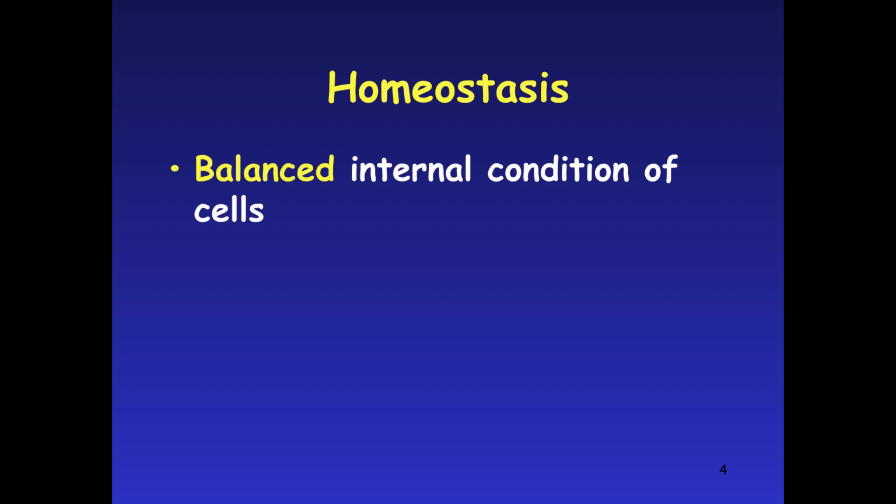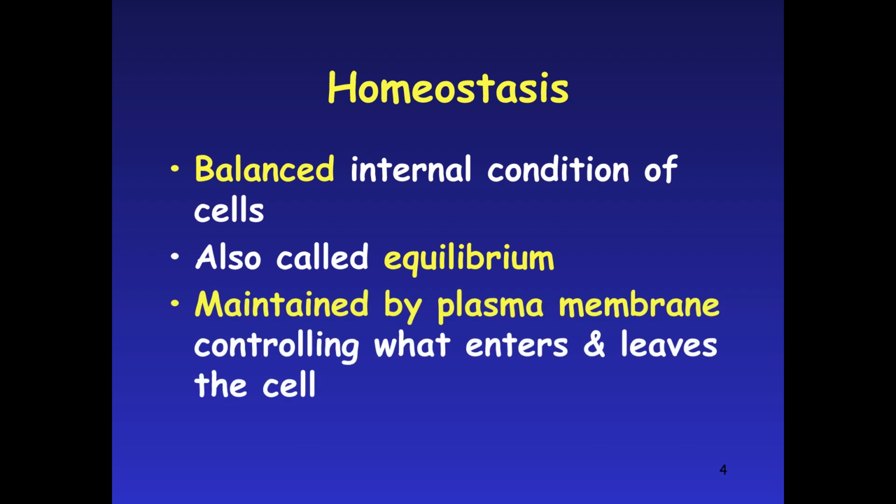If homeostasis is not maintained, that's an indicator that you're very sick. Your body can't take conditions that change rapidly, and the same is true inside your cells. You can think of it as an equilibrium, like a balance. For your cells, this is maintained by the plasma membrane, by controlling what enters and what leaves the cell.